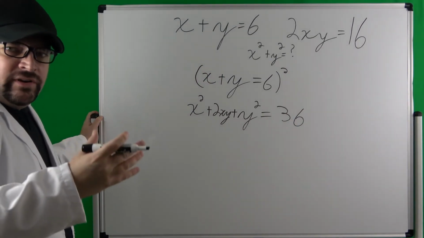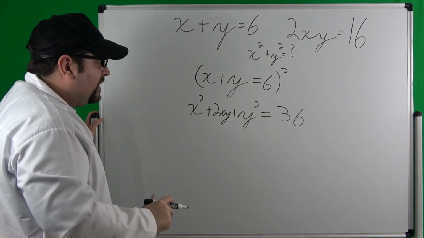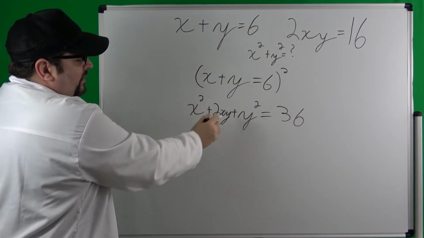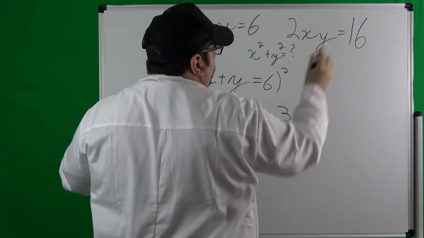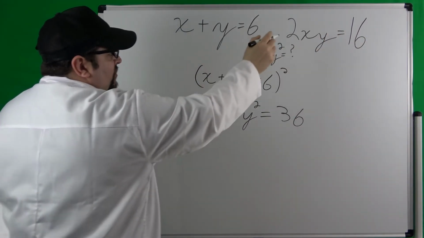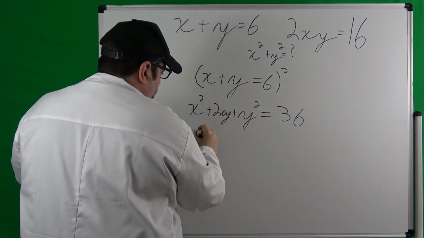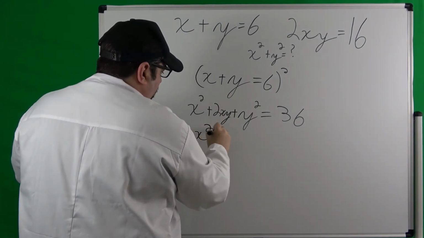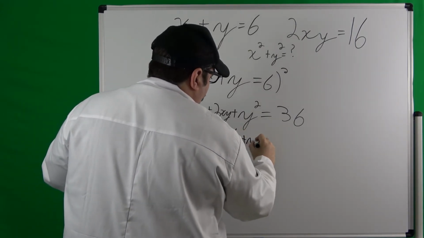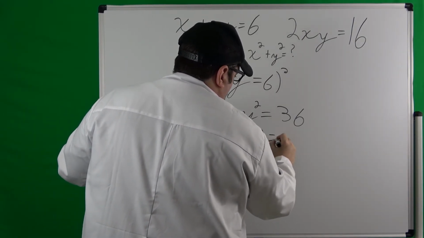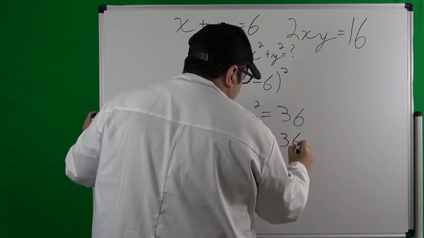Let's see here. Do we notice anything weird around here? Ooh, 2xy. Well, we know 2xy equals 16. So we can just substitute that in here. x squared plus 16 plus y squared equals 36.